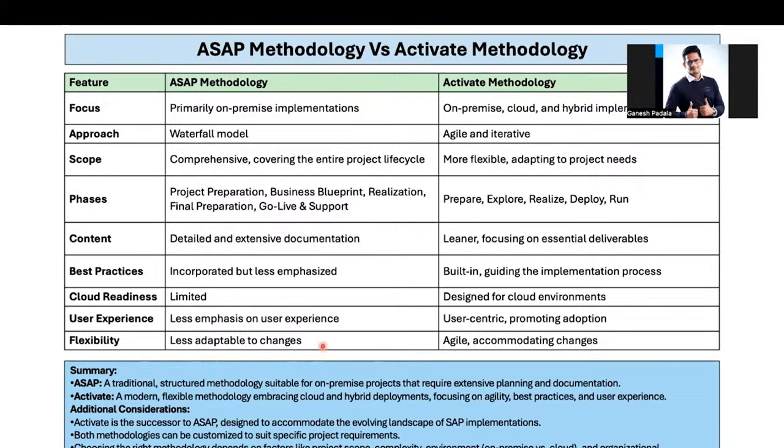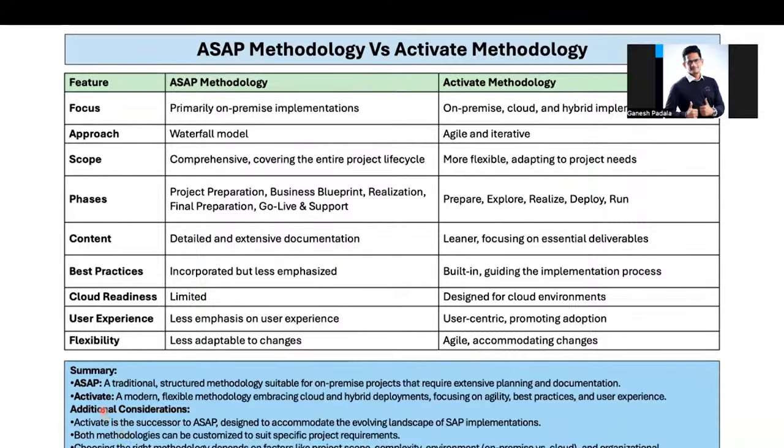Flexibility: the SAP methodology is less adaptable to changes, while Activate is agile and accommodates changes. We don't have a proper example of what kind of changes it will adopt. But one thing I was mentioning again and again is that we have this kind of agile approach with sprints, so you can segregate the work into pieces and deliver it.